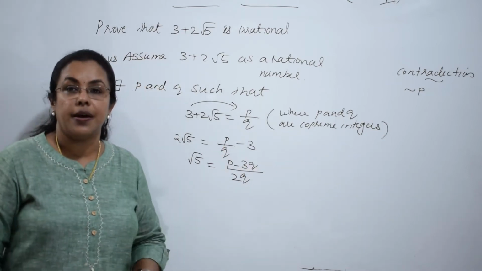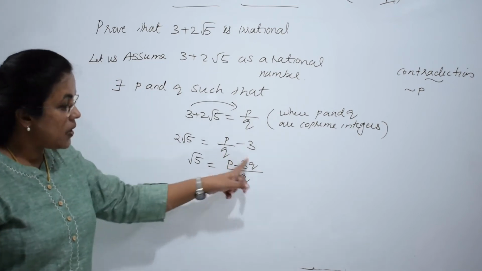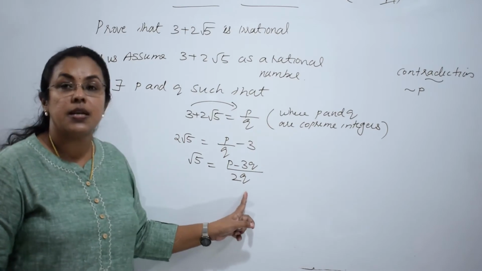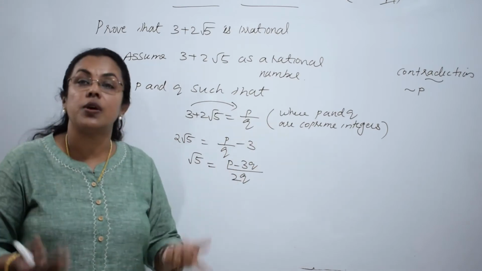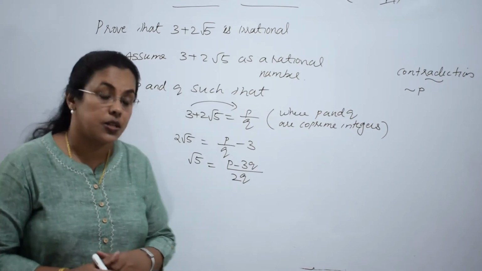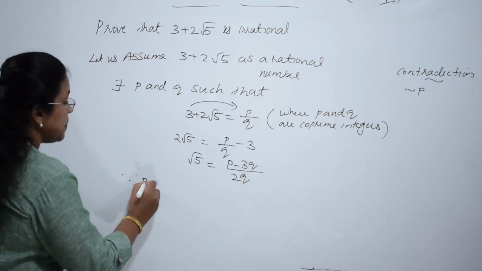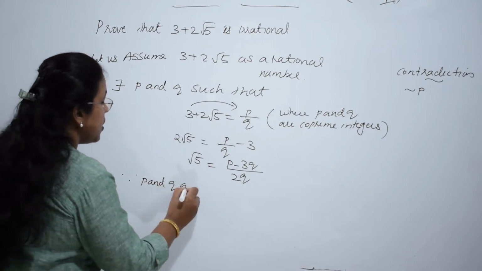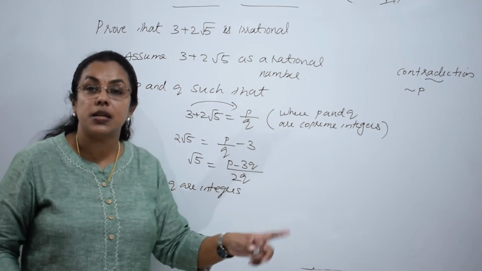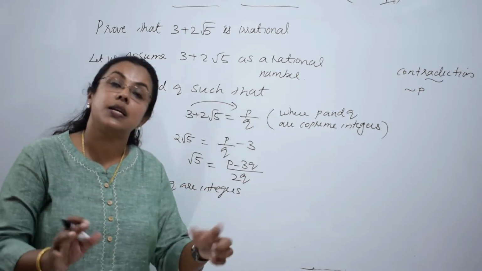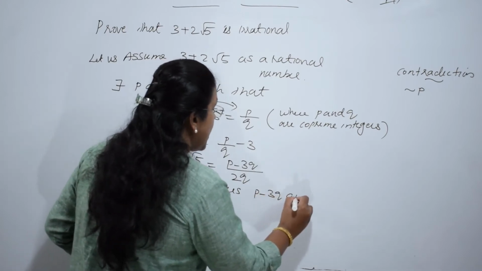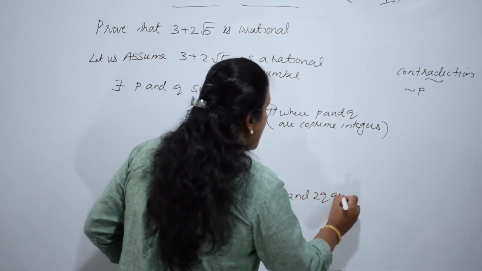Take 2 to this side. We know p and q are integers. Isn't it? So p minus 3q is again an integer and 2q is also an integer, since integer minus an integer is again an integer.